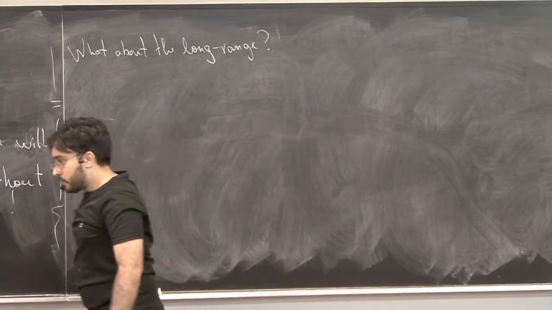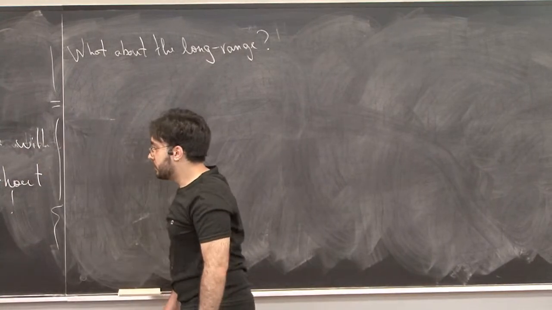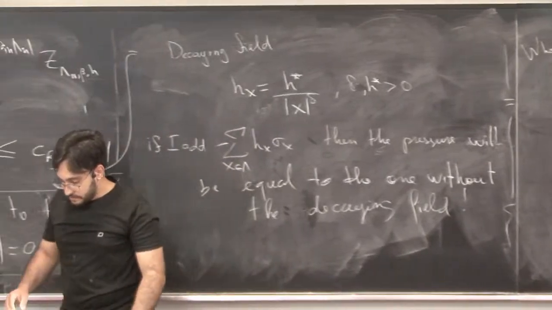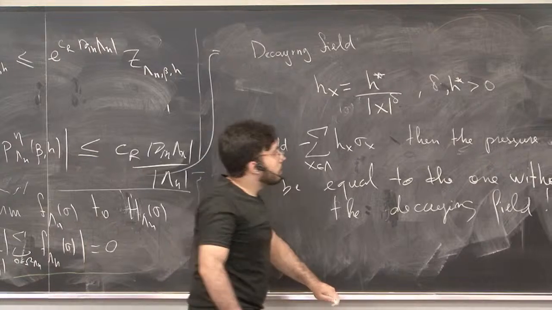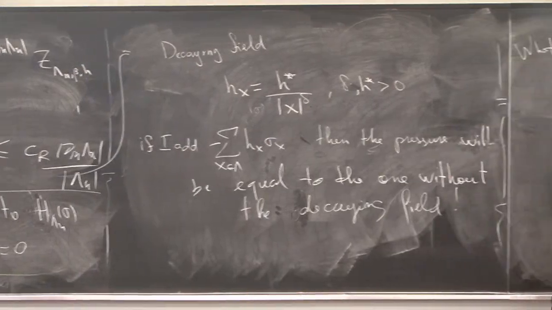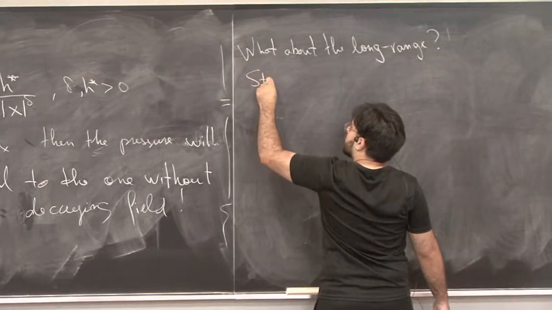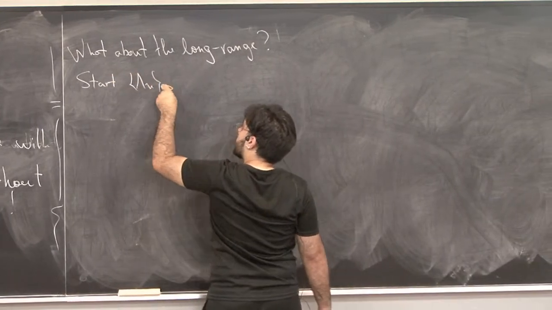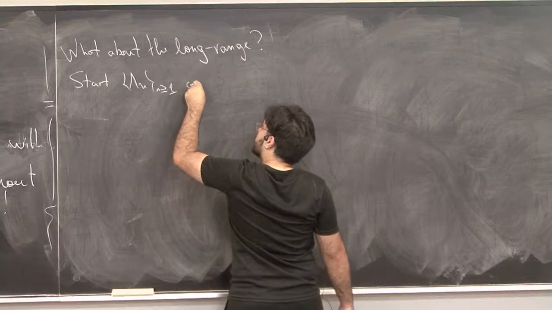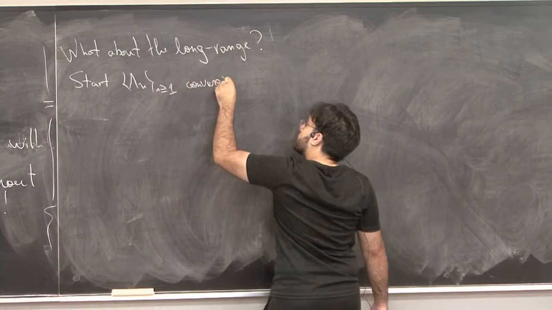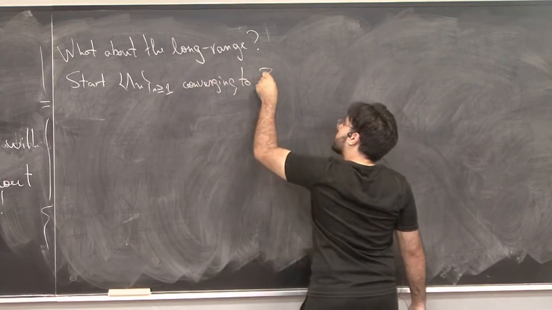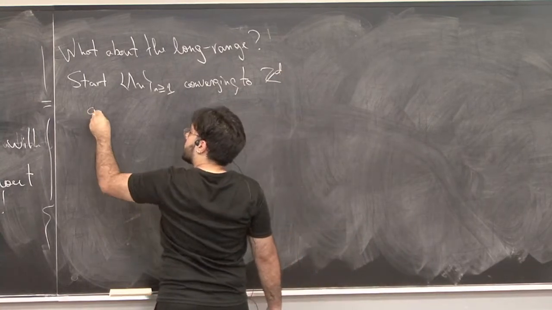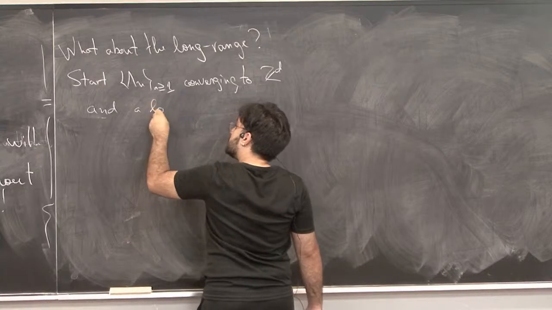For the long range, the trick is to use a truncation. What you do is that you start with Lambda_n converging to Z^d, and a long-range Ising model.